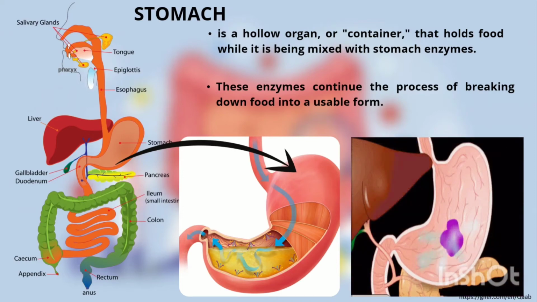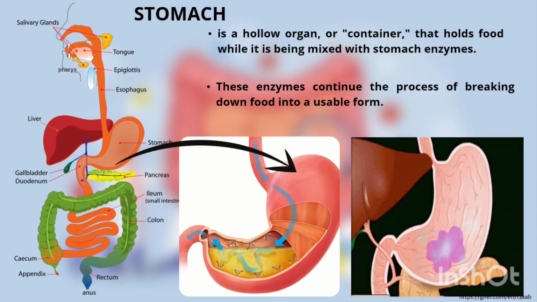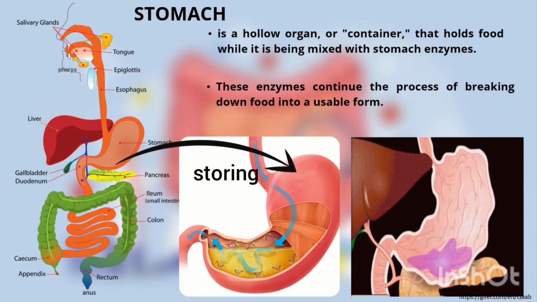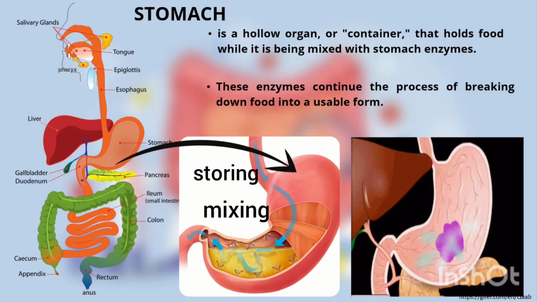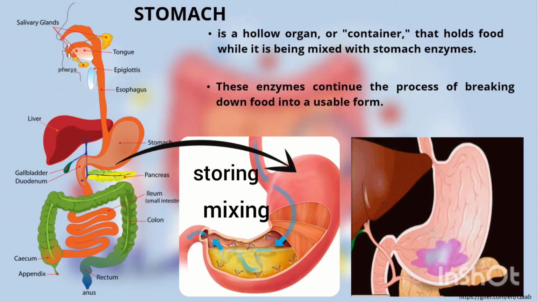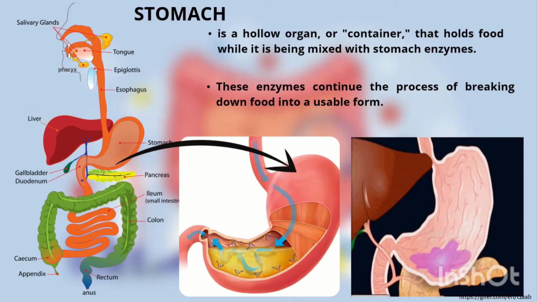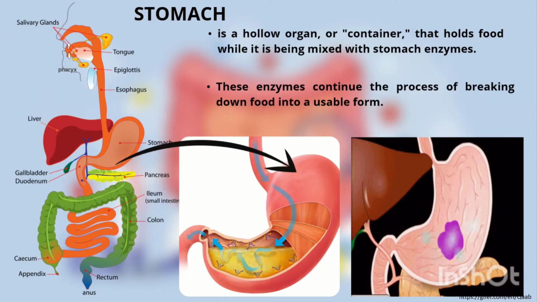The stomach performs 3 functions: storing of the swallowed food, mixing of the food with the digestive juice it produces, and conveying its contents slowly into the small intestine. The stomach has 2 openings.